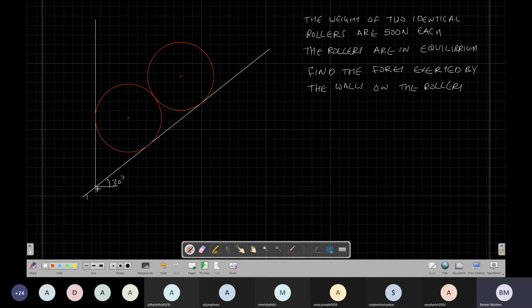Okay, so this 500 Newton or roller weight. Okay, right. Now assume frictionless. Assume to be frictionless. So this is frictionless.